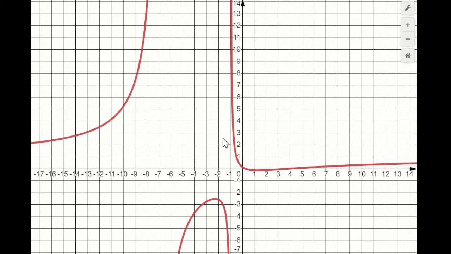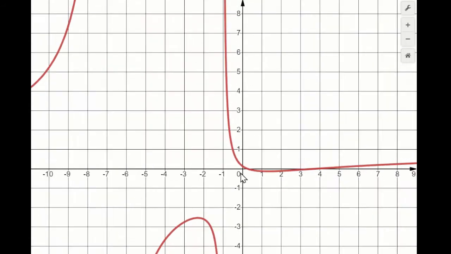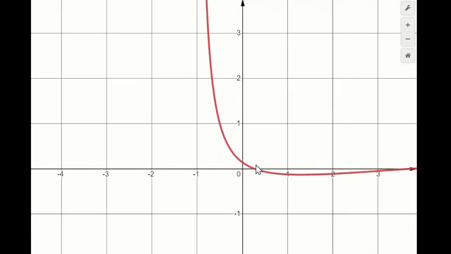We do have a couple of vertical asymptotes, but right at x equals 0, we have this intercept right here. I'm going to put in the actual value there with a label: 0, comma. Decimals can only show the value in decimals, but really it's 1/7.